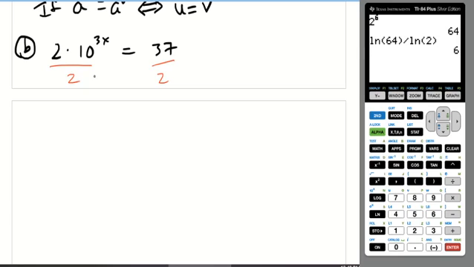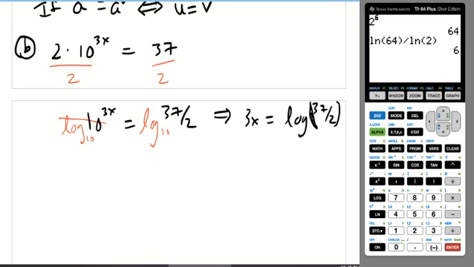I don't know what power of 10 is equal to 37 over 2 just off the top of my head. So I'm going to take log base 10 of both sides to get 3x is equal to log base 10, it's the common log, so you can just write log, 37 over 2. Divide both sides by 3.